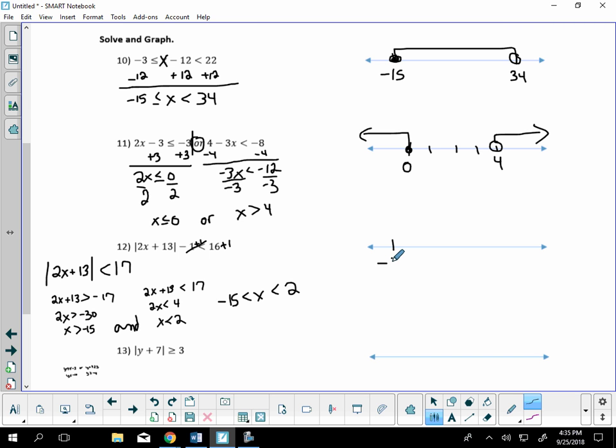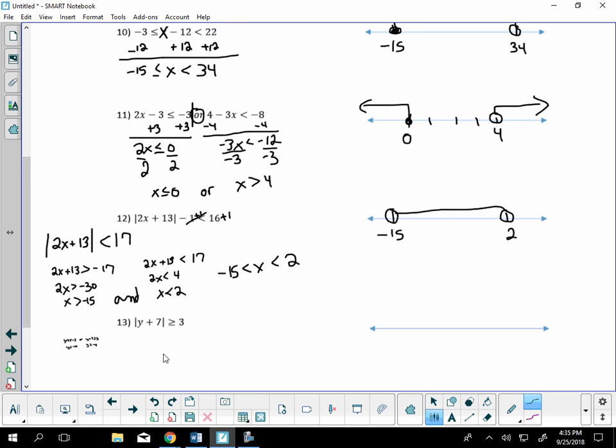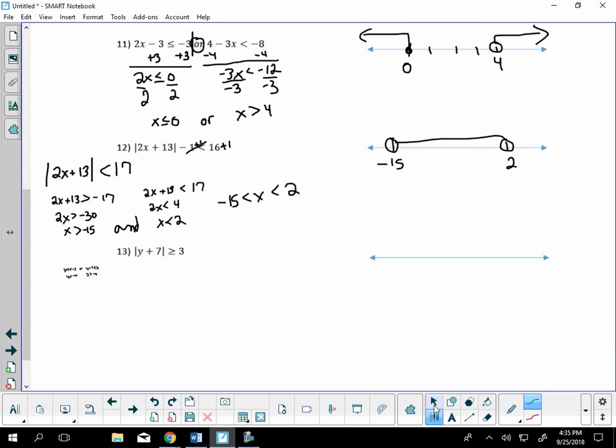So I'm going to shade in between negative 15, and again, I'm not going to do all the hash marks. It's going to be an open dot and shaded in between. Remember, less than, you connect with the word and. Greater, you connect with the word or.